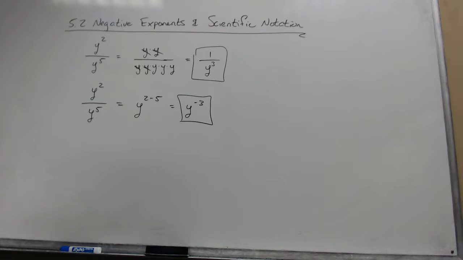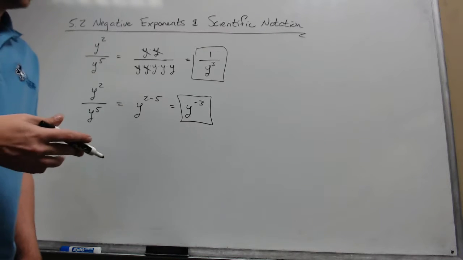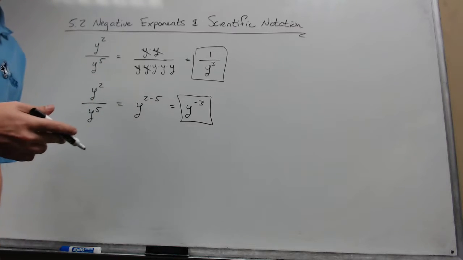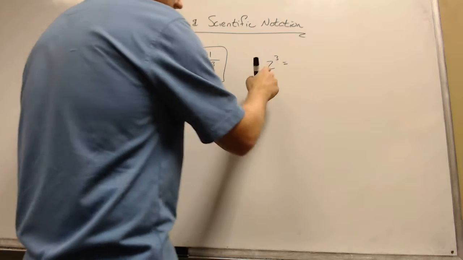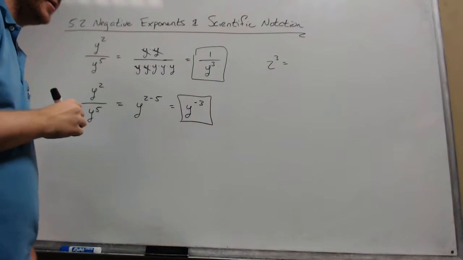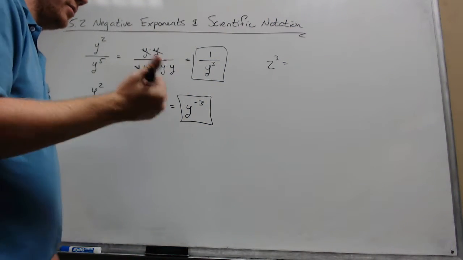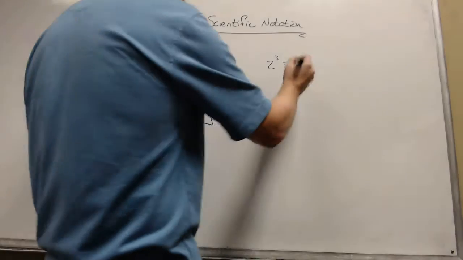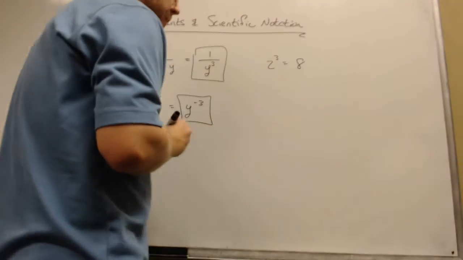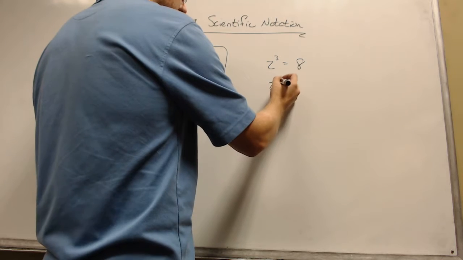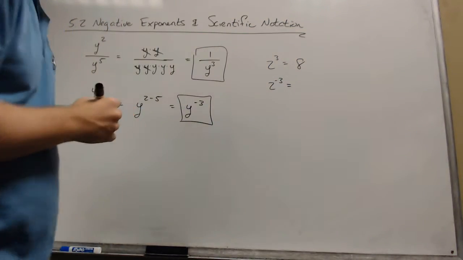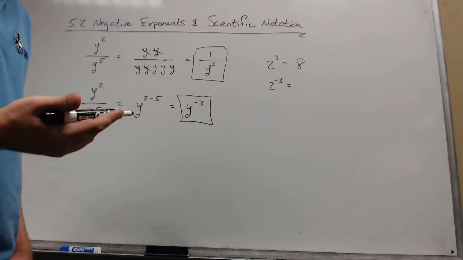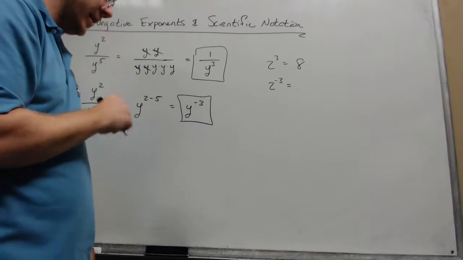This is also a correct answer, but in the scheme of things, it's not the greatest, because if I ask you to evaluate what 2 to the third power is, this should be not a problem at all. We know that 2 to the third is 2 times 2 times 2, and we can come up with an answer of 8. If I ask you to tell me what 2 to the negative third power is, there's probably going to be more of a hesitation, because what does it mean to be a negative exponent?